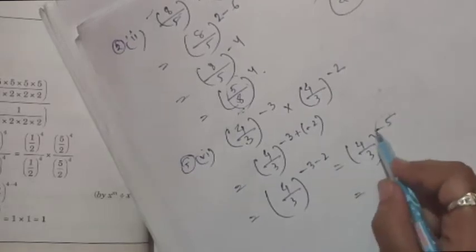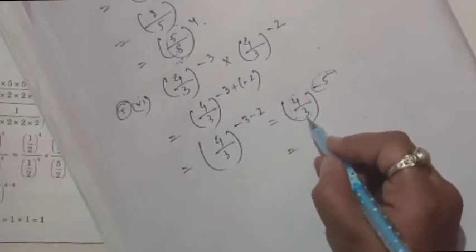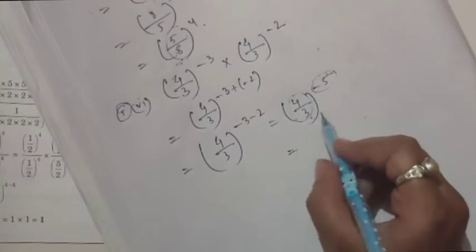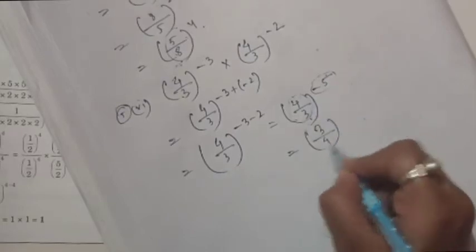So here the power is negative, so you have to take the reciprocal of this fraction. If we take the reciprocal, the minus will become plus. 3 by 4 raised to the power 5.